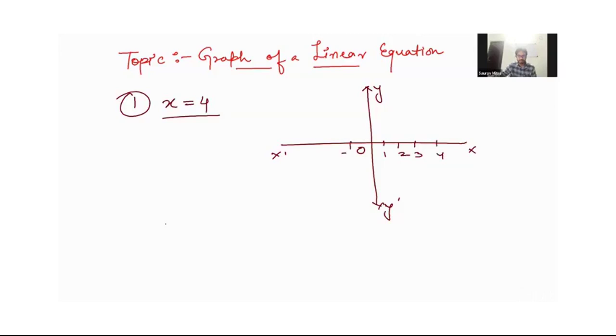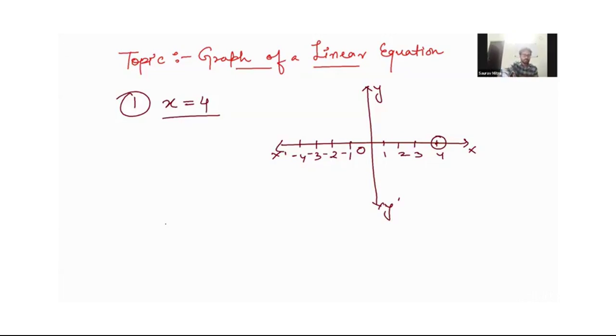And on this side it is negative -1, -2, -3, -4. Now x equals 4 means we have to plot on the positive side of the x-axis 1, 2, 3, 4. This is your x value 4, but since there is no y value here, that means it is directly on the x-axis.